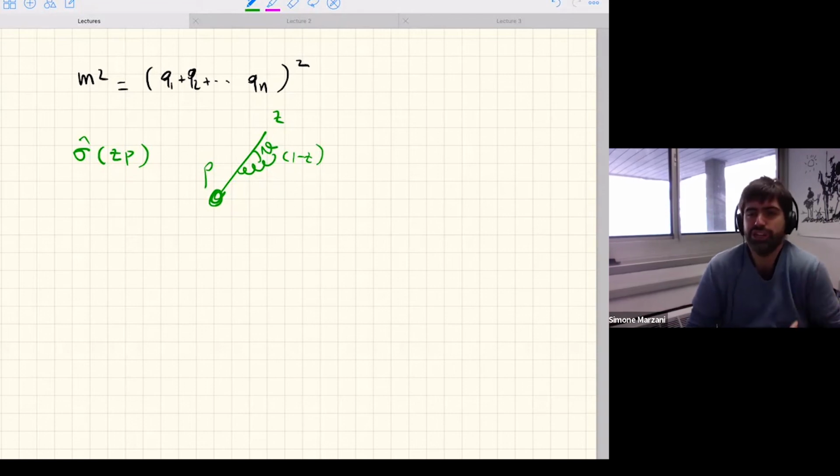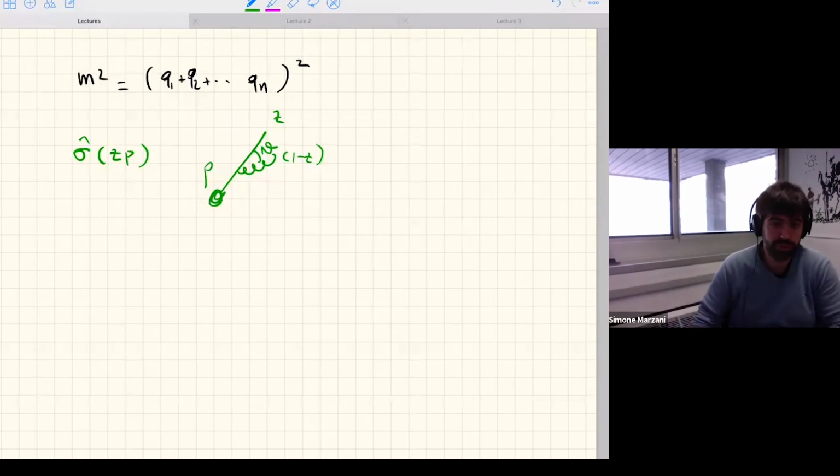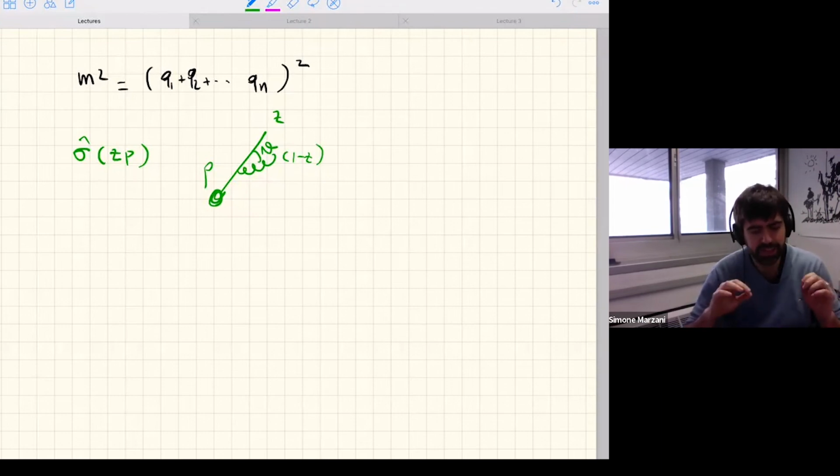One could say that we can use it because we get something finite. But is what we get rubbish, or can we use it to compare to data? In other words, we've already seen that even if you have cancellation of singularities, or if you reabsorb singularities, you can have left in the coefficient functions, so in our cross-section, contributions which are finite but potentially large. And typically, these are potentially large because these are logs of the ratio of two scales.